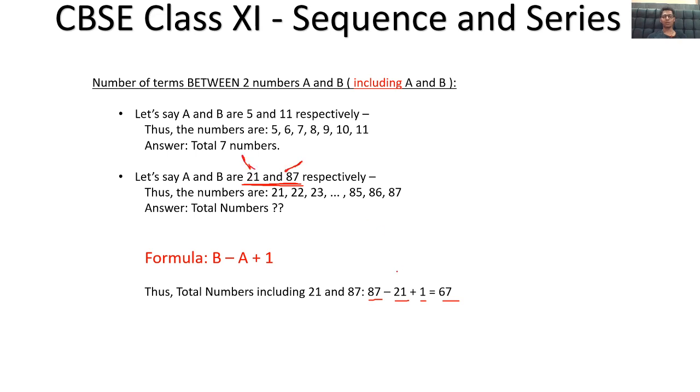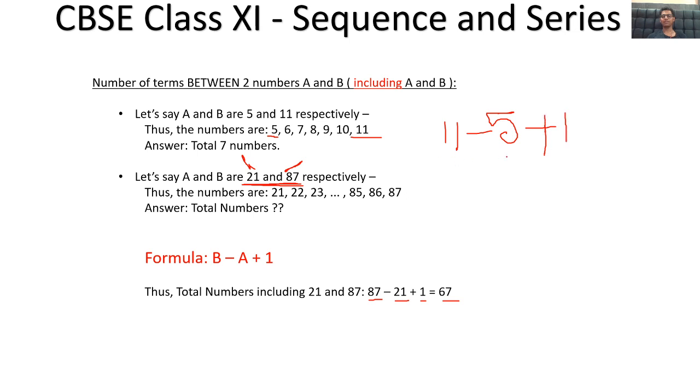We can apply the same logic for this particular question, in which we need to calculate how many numbers are in between 5 and 11, including 5 and 11. Let's see, 11 minus 5 plus 1.